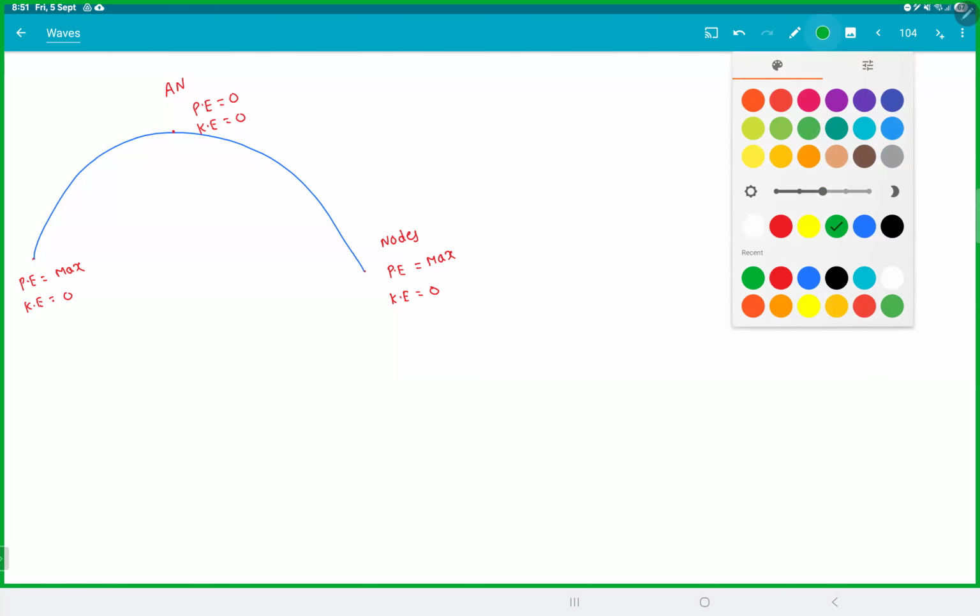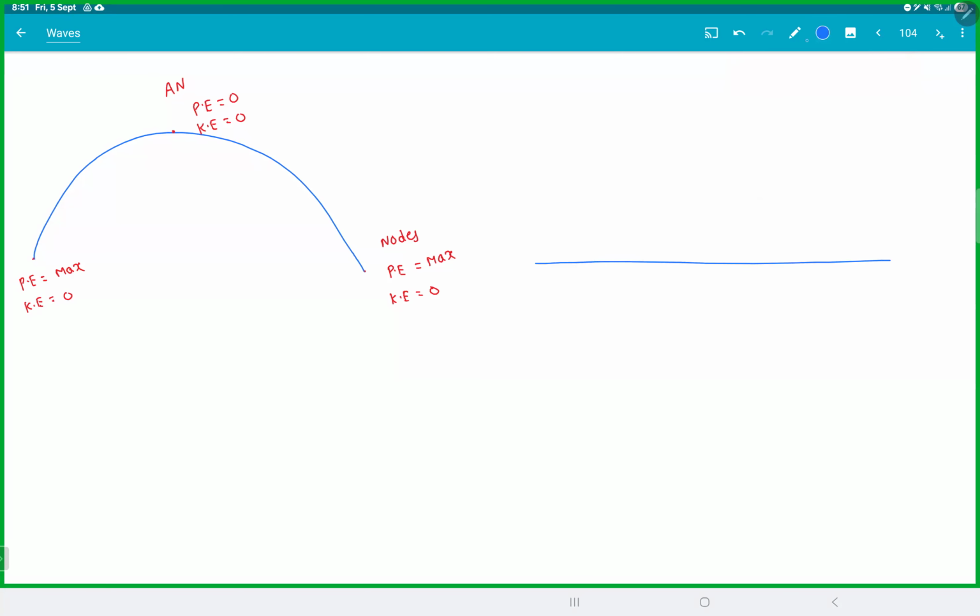And when the same string becomes flat, at the antinodes, potential was 0. Kinetic was max. At nodes, potential is 0. Kinetic is 0.